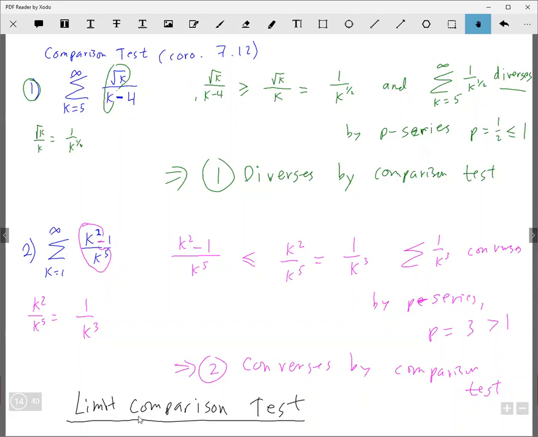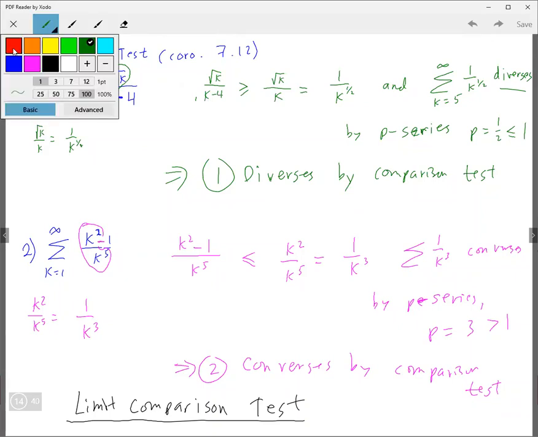But that's limit comparison. If these signs don't do the right thing, like here for comparison, you need this one to be greater than or equal to that to show divergence. You need to show that these terms are greater than or equal to the terms of a divergent series, and then these ones you need to show they're smaller than the terms of a convergent series. Okay, but the comparison is right here with the terms, so maybe I'll make a note of that.